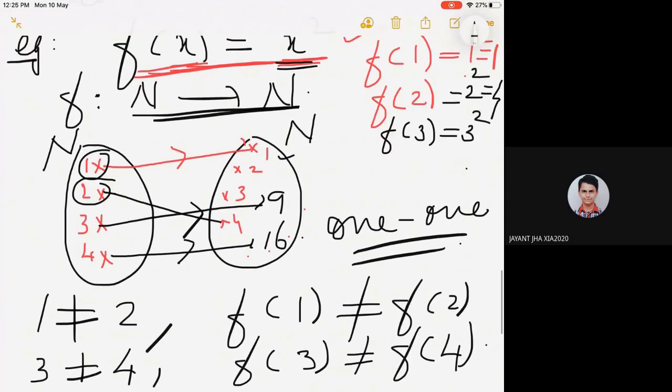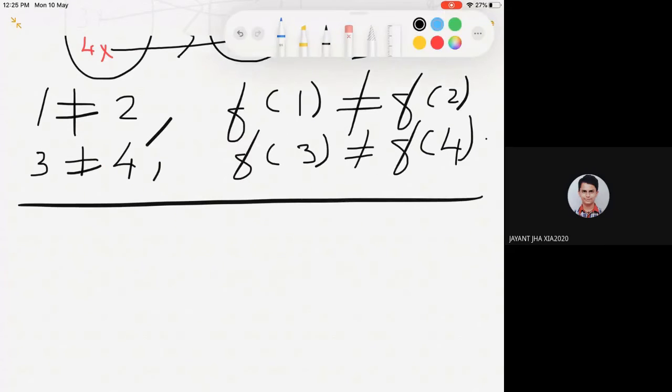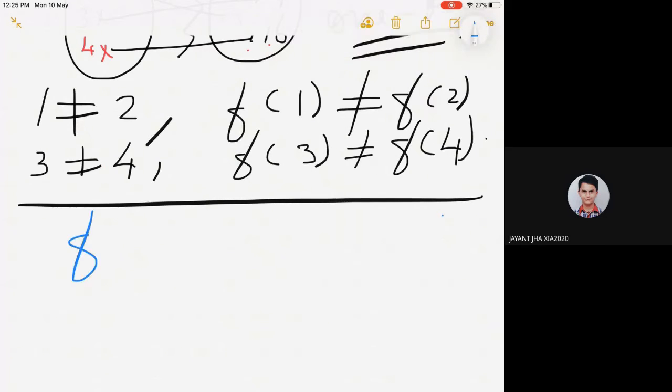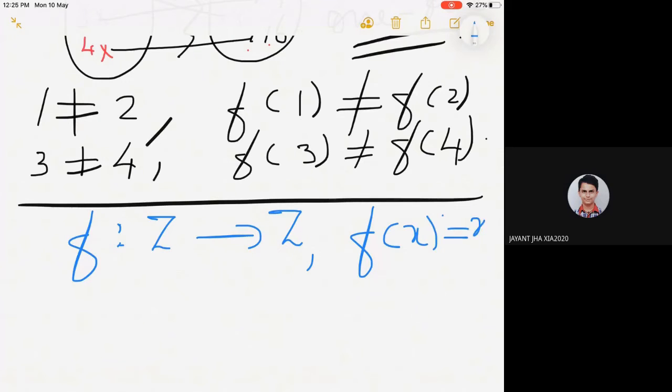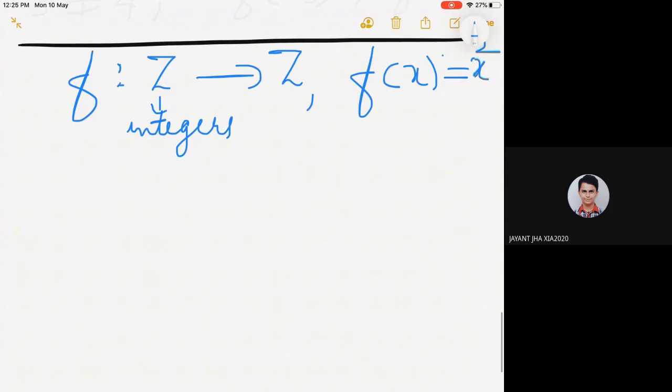Understood? Instead of N to N, if you take the same function with f from Z to Z, given by f of x equal to x square, is it a one-one function? Z means integers, including 0.